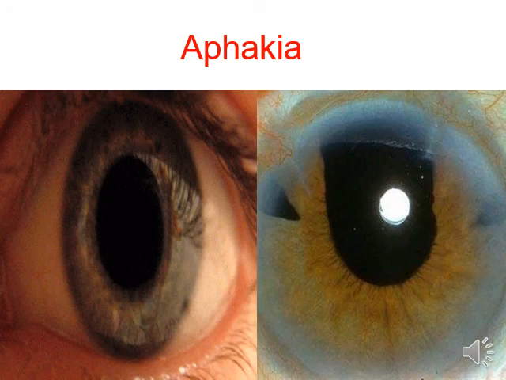Sometimes you may detect peripheral iridectomy or even sector iridectomy, where the iridectomy extends to the pupillary area. And only the reflection of the light on the cornea is seen. No other reflections are detected.